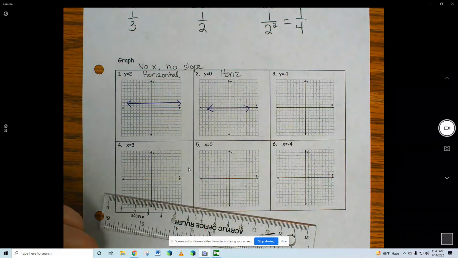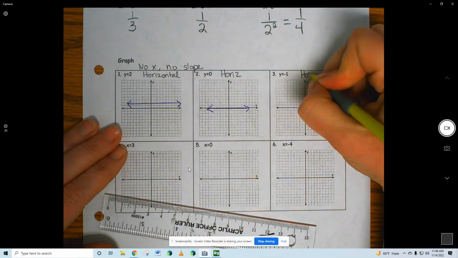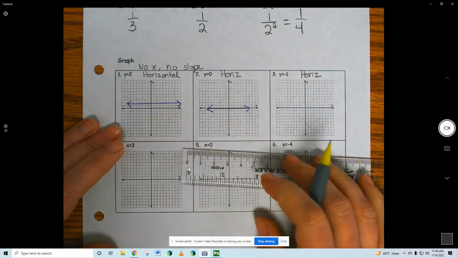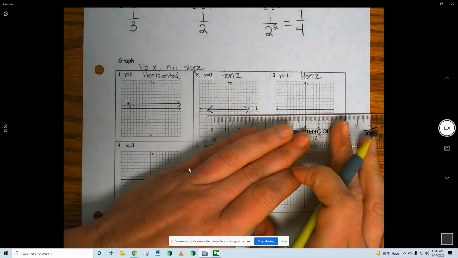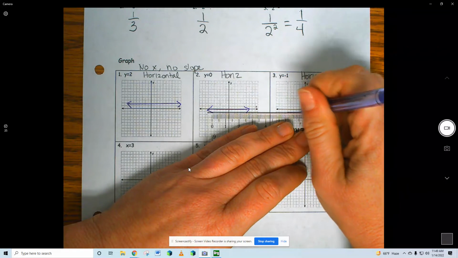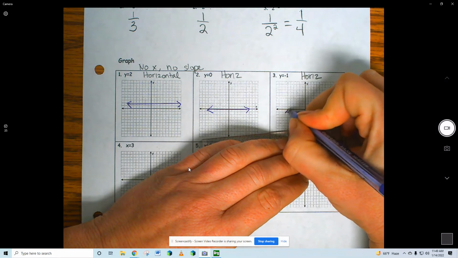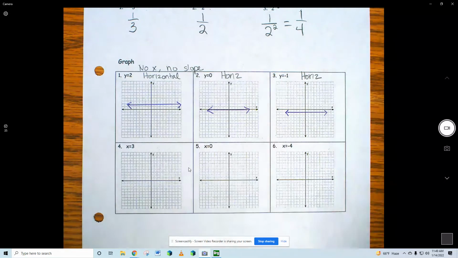Y equals -1. Still horizontal. Go to -1 on the y-axis. Okay?